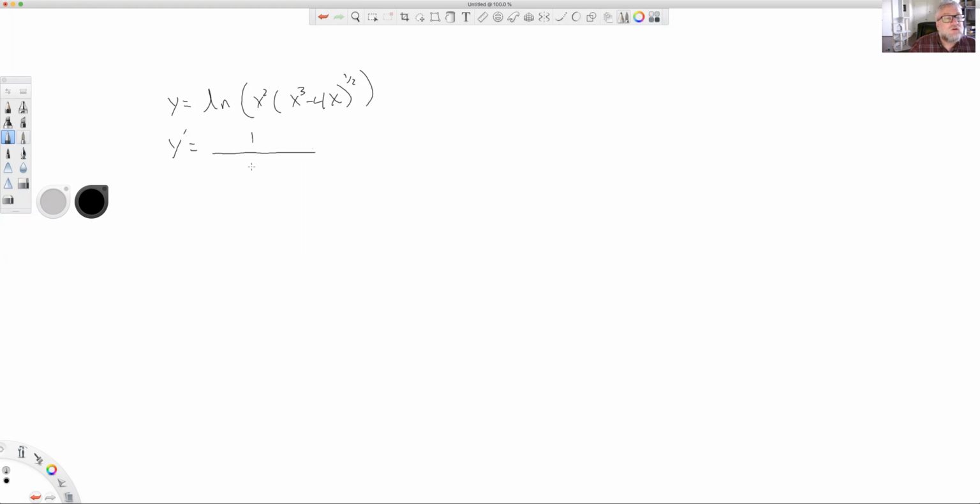So the derivative is going to be 1 over u, x cubed minus 4x to the 1/2, times the derivative of the goop inside. So I'll do the product rule. Derivative of the first. Well, let's put a big bracket.